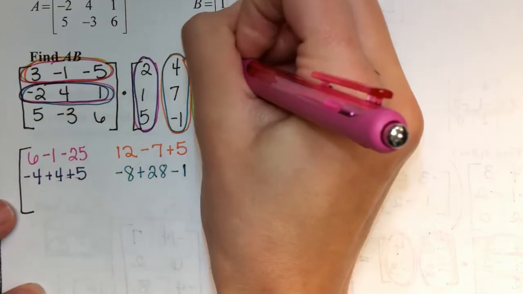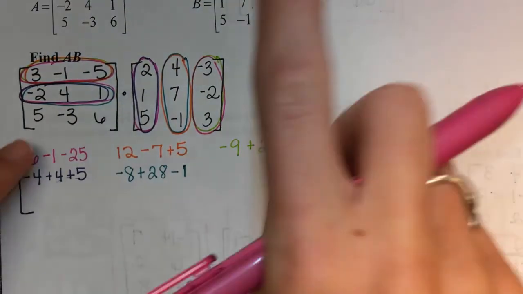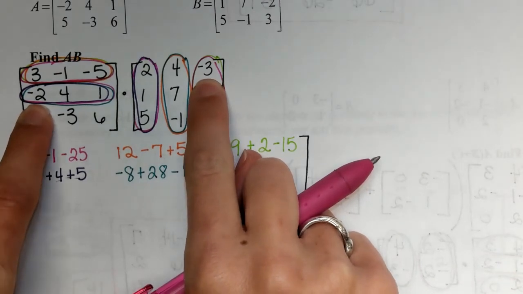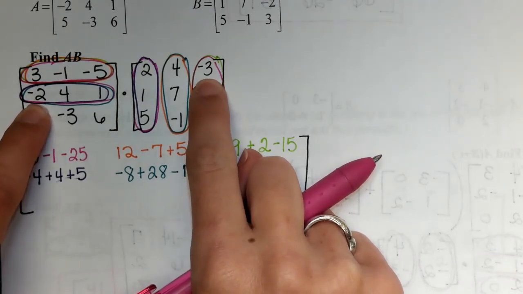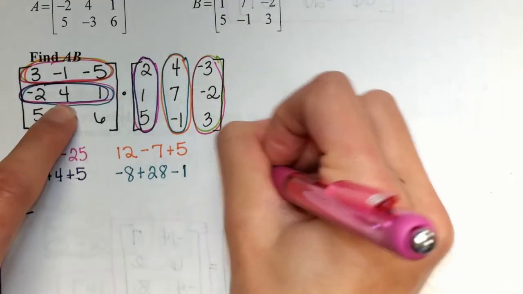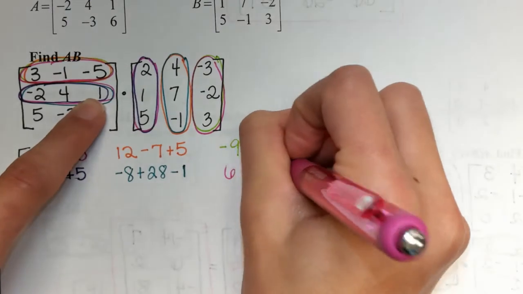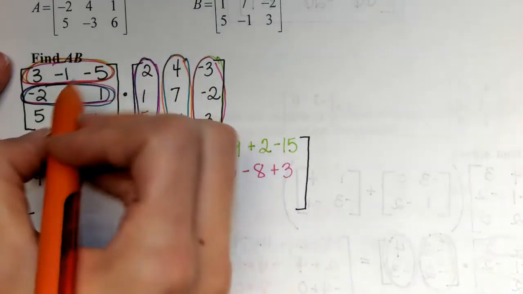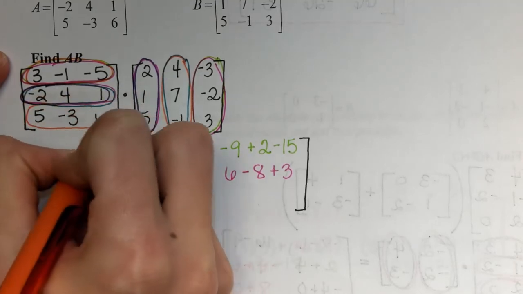Okay. Second row, third column. Use your fingers. All right. Negative 2 times negative 3. Very good. Okay.